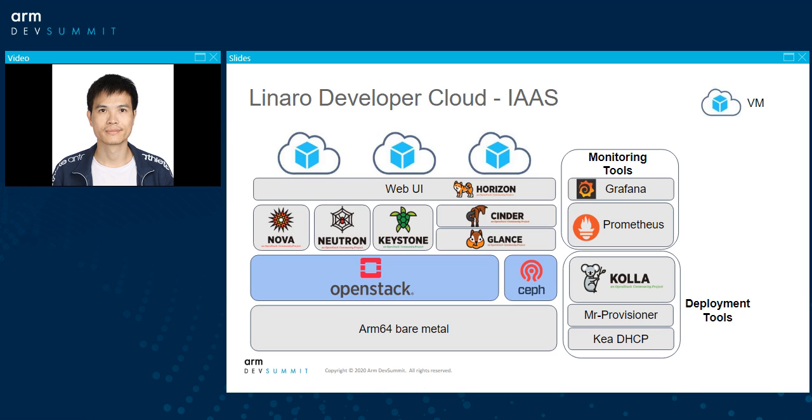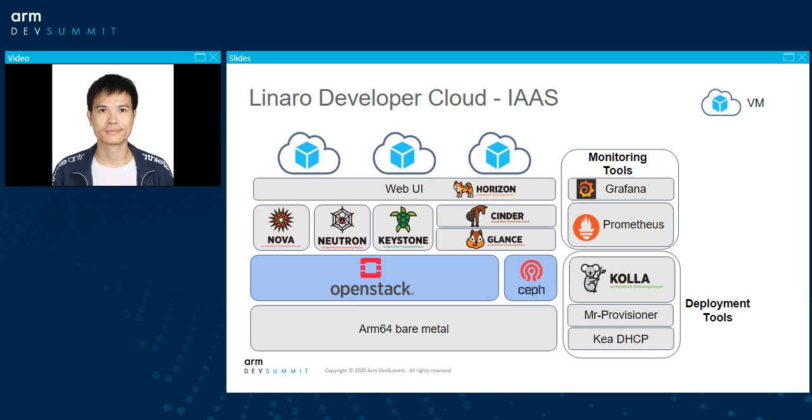All our patches are in the upstream. On the left-hand side, at the bottom is our Arm64 server. On top of that, we run OpenStack and Ceph.